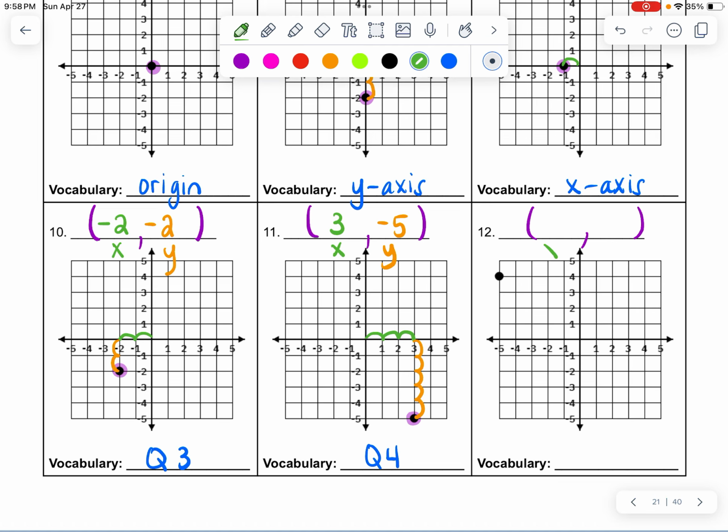In problem number 12, to walk to this point, we would go left 5 spaces. And then we would go up 1, 2, 3, 4 spaces. Our vocabulary is quadrant 2.